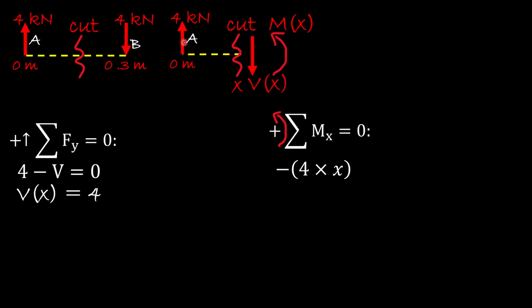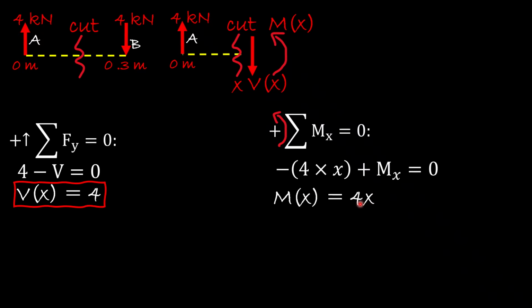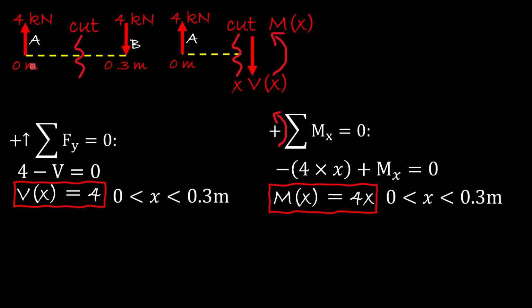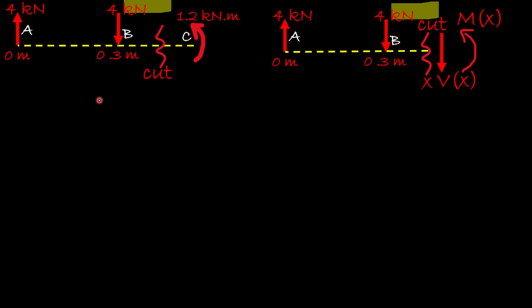And remember, force times the perpendicular distance, which is x, will cause the beam to go clockwise. So that's why we have negative 4x plus M, the moment at x. So the internal net moment as a function of x will equal 4x. So this is a function of a line. And remember, this internal shear force between A and B is valid between 0 and 0.3, and this one is valid also between 0 and 0.3.